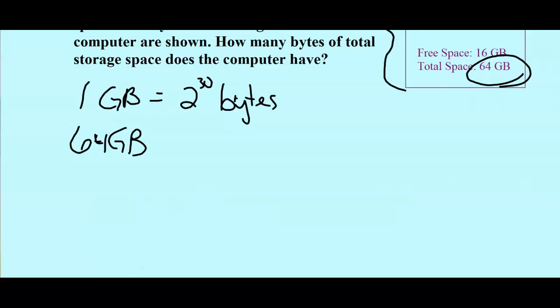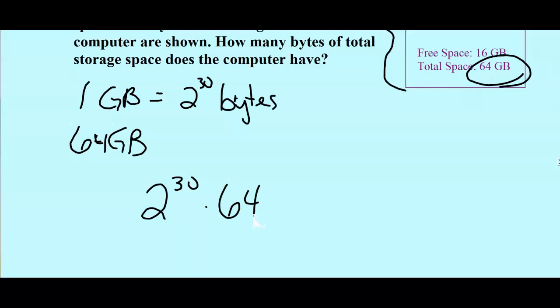I'm going to scroll down a bit so we can do that multiplication. So we have 2 to the 30th times 64. Now I'm going to show you a little shortcut trick.